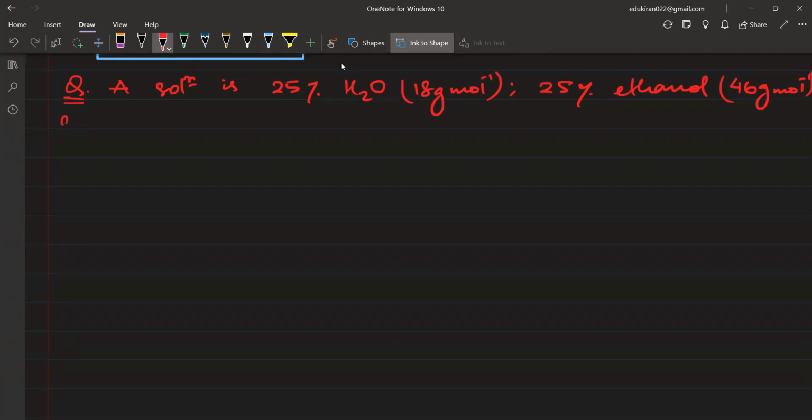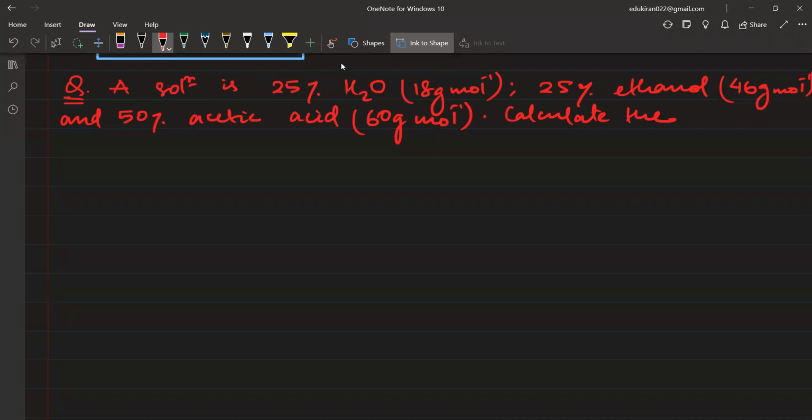And 50% acetic acid. The molar mass of acetic acid is equal to, I think, 60 grams per mole. Calculate the mole fraction of each component.